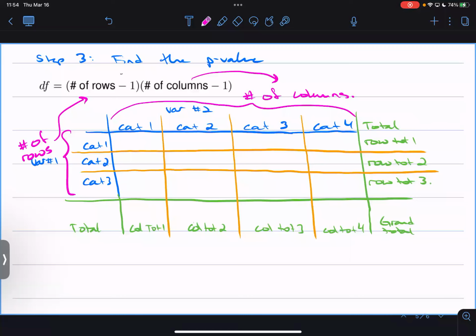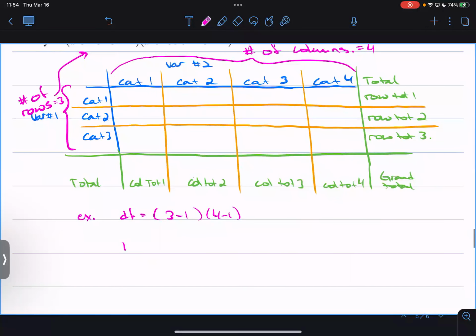Right, so for example, in our fake example, we had 3 rows and the number of columns is 4. So in this example, the degrees of freedom is 3 minus 1 times 4 minus 1. 2 times 3 is 6 degrees of freedom.